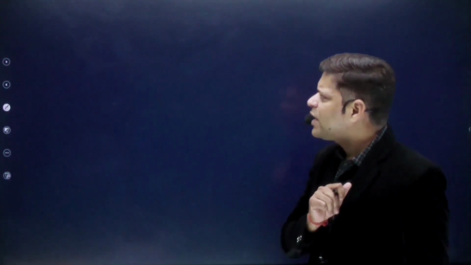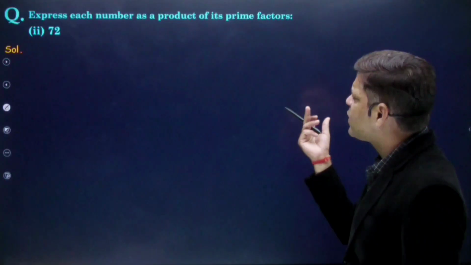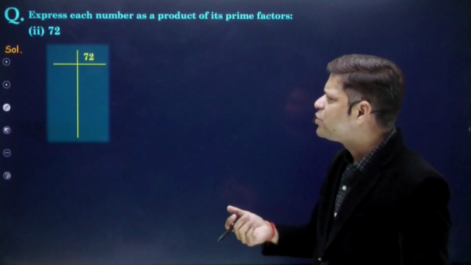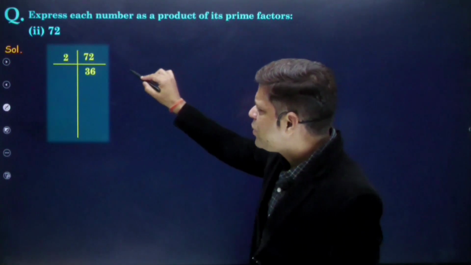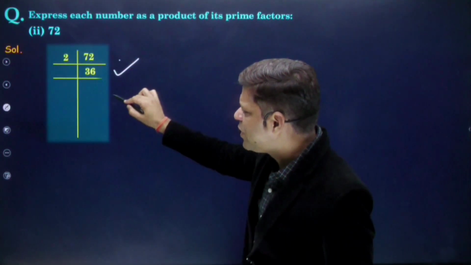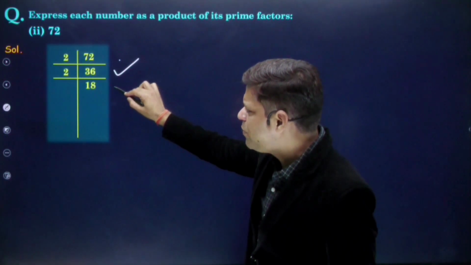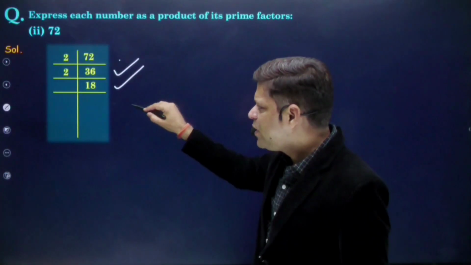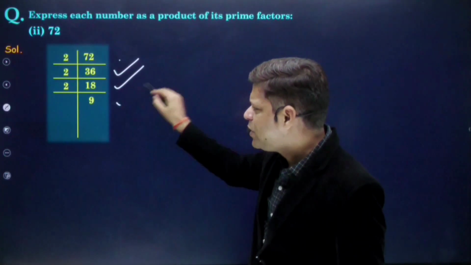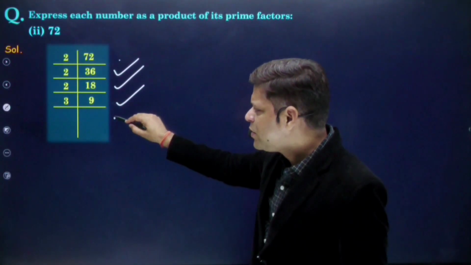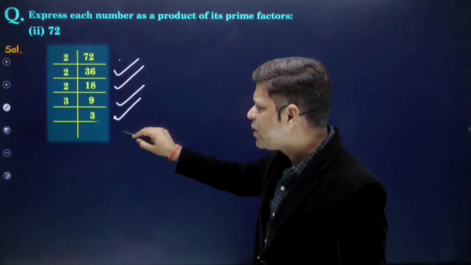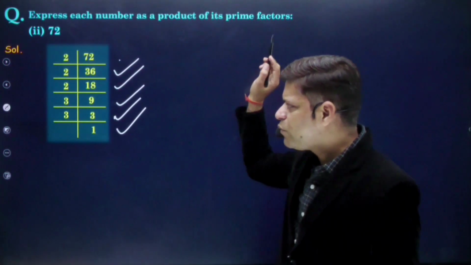In the same way, in the next question we have to give the prime factorization of 72. Very simple question. Okay, divided by 2, then 36, then divided by 2 again, then this will be 18. Okay, then divided by 2, then this will be 9, then divided by 3, then this will be 3, and again divided by 3, then this will be equal to 1.